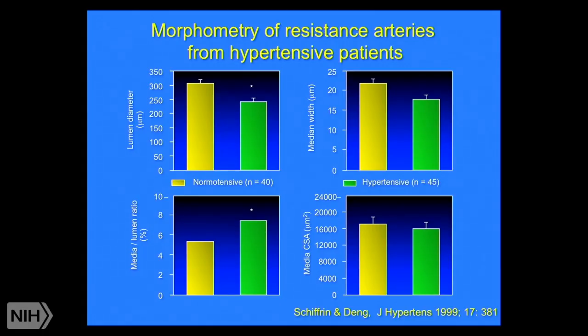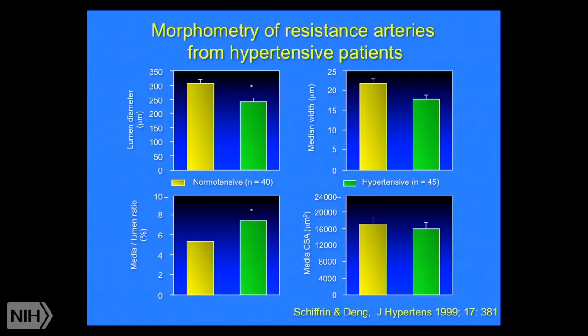And we've also shown that these vessels in the subcutaneous gluteal tissue resemble the changes that occur in rodents in the mesenteric circulation, in the cortex of the kidney, and in the microcirculation in the heart. And so we believe that these vessels are representative of changes that occur in more important vascular beds.